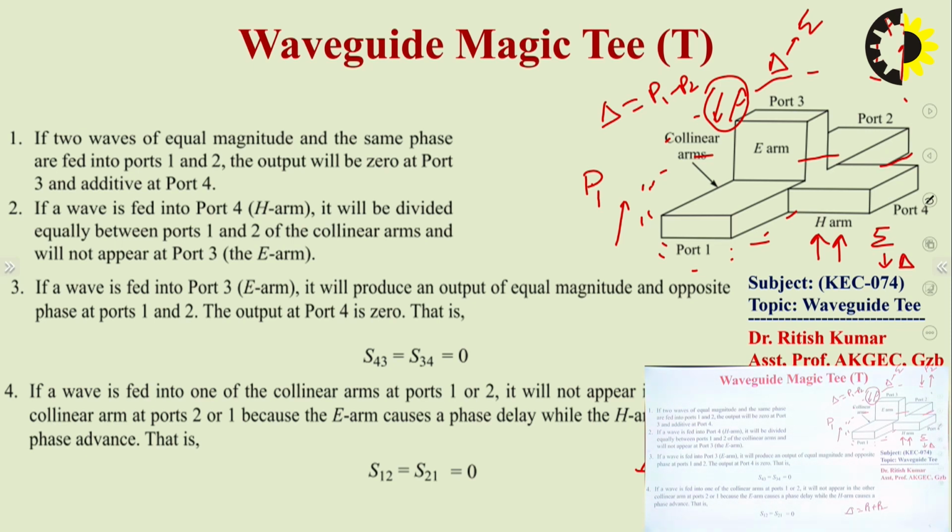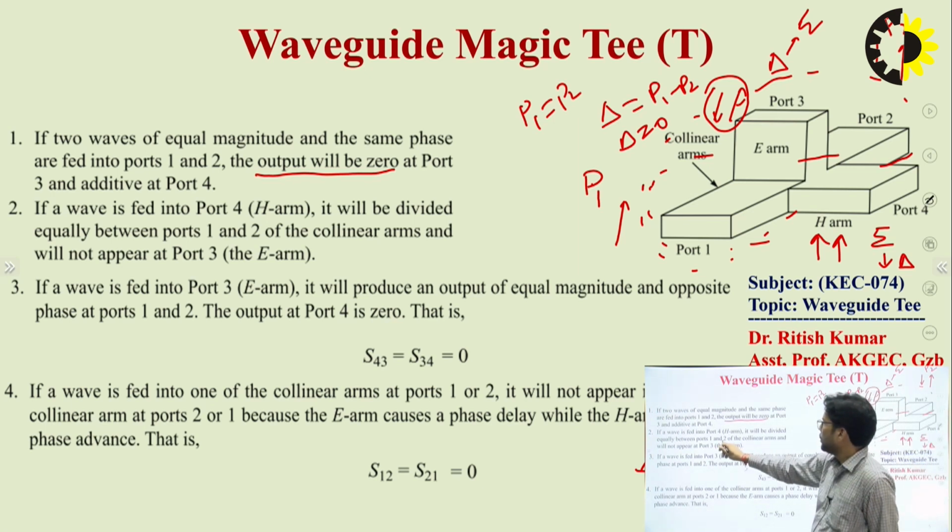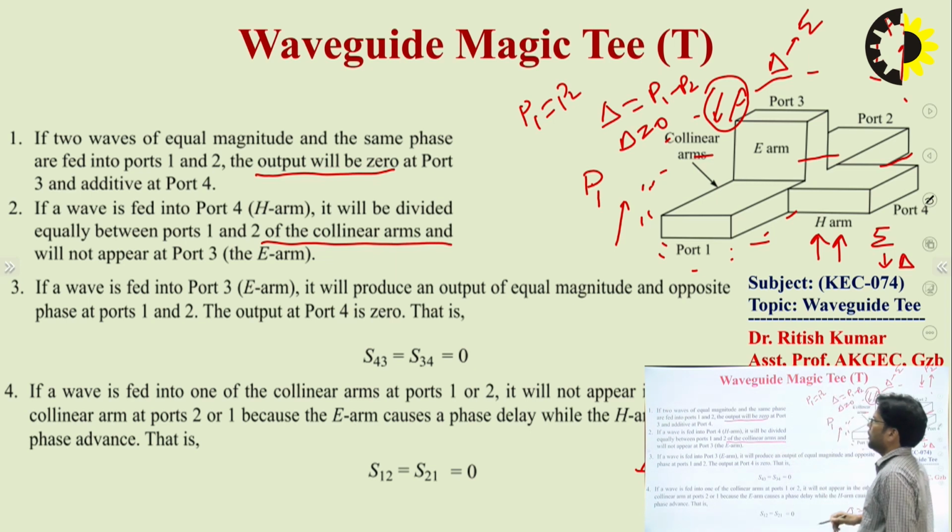You can see here, if two waves of equal magnitude and same phase are fed into port number 1 and port number 2, the output will be 0, right. At port number 3, if P1 is equal to P2, then delta is equal to 0. If a wave is fed into port number 4, it will be divided equally between port number 1 and port number 2 of the collinear arm, and will not appear at port number 3.